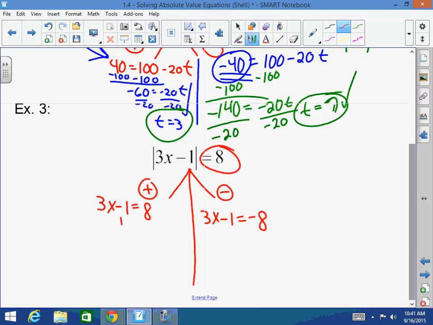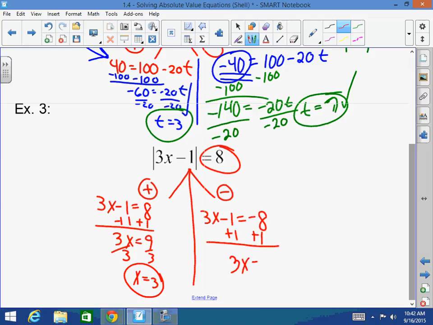Add 1 to both sides. 3x equals 9. Divide by 3, x equals 3. Add 1 to both sides. 3x equals negative 7. Divide by 3, x equals negative 7 thirds.